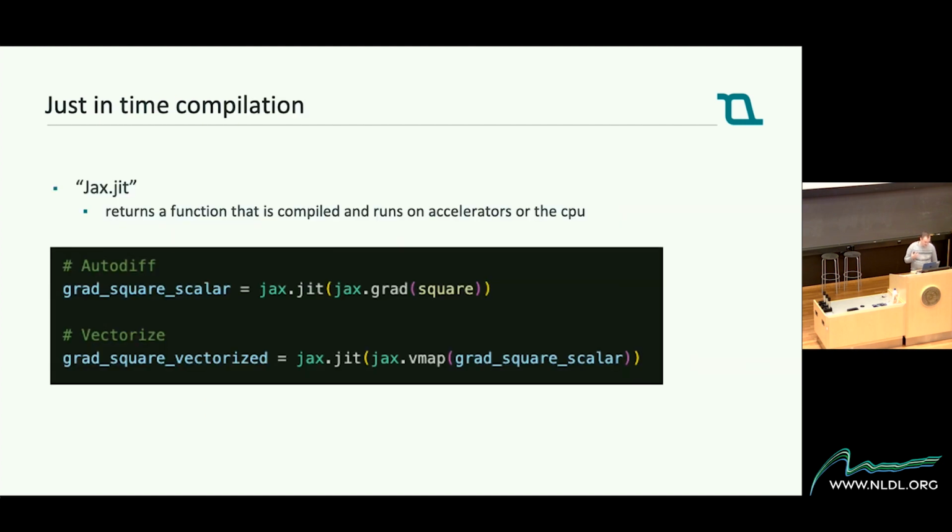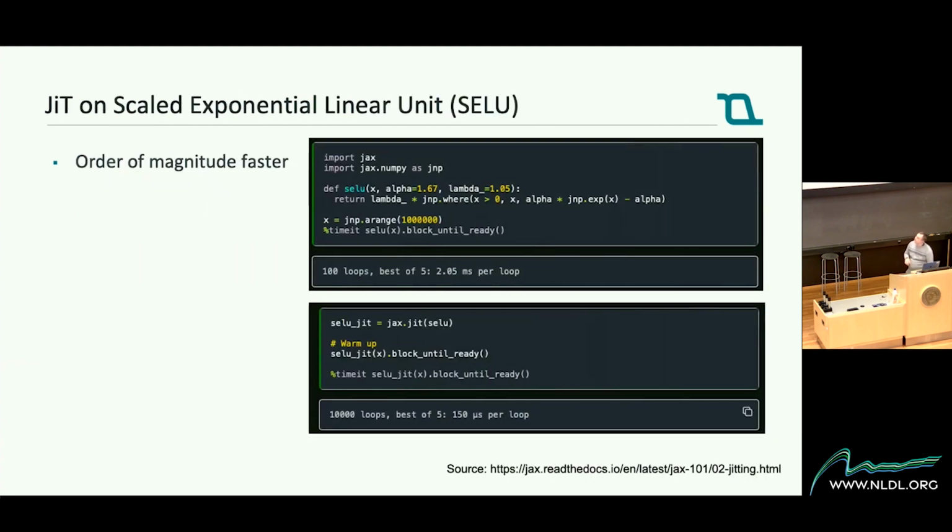And another thing that I think is a big deal, I haven't benchmarked it myself, but they have something called just-in-time compilation, which, if I understand it correctly, means the code is pre-compiled before you run it, which can create huge speed-ups. Here we have an example from the Jax documentation, where they have this scaled exponential linear unit, which apparently is a machine learning thing.